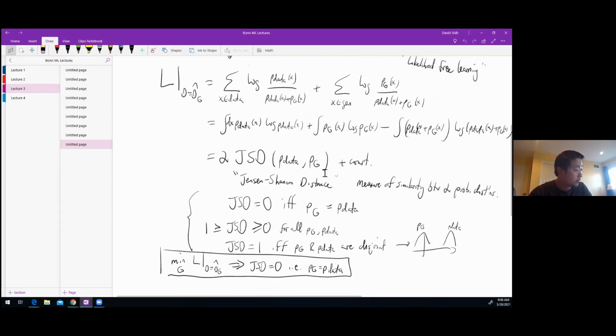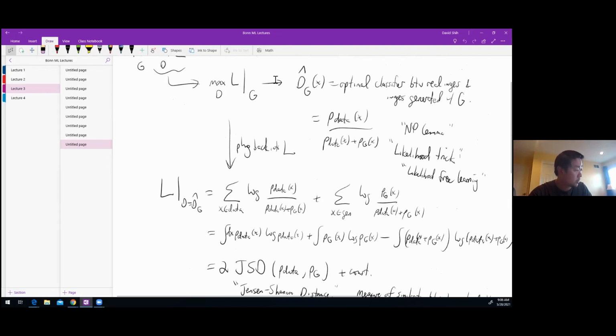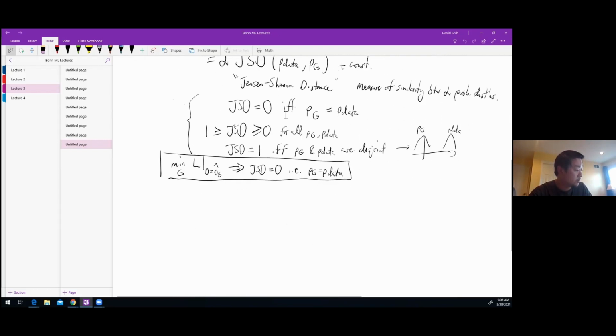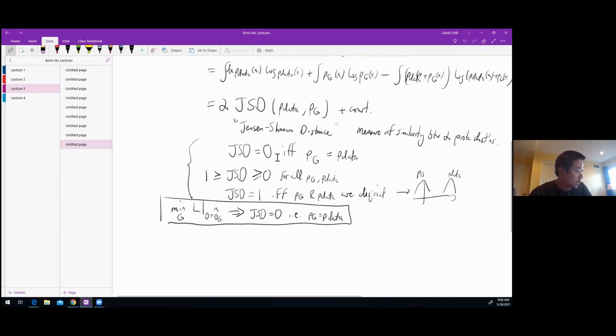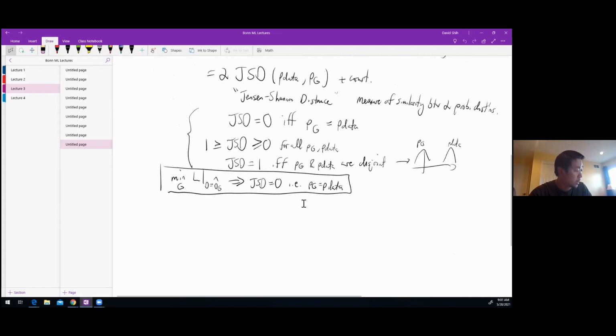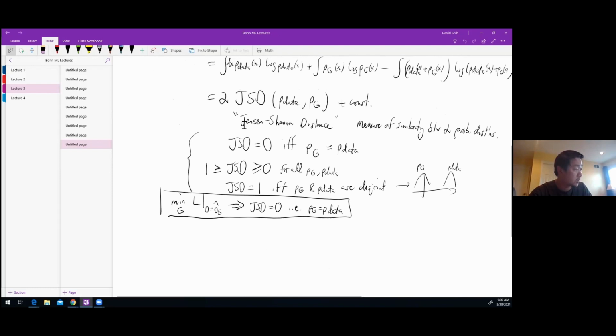We took the loss, we maximized it with respect to the discriminator, plugged it back in, and minimized it with respect to the generator, and we saw that it gives us this JSD, the Jensen-Shannon distance, which is minimized if and only if the generated probability is the same as the data probability. Okay, so that's where we left off last time. Anybody have any questions about that? I'm going to pull up a demo now.